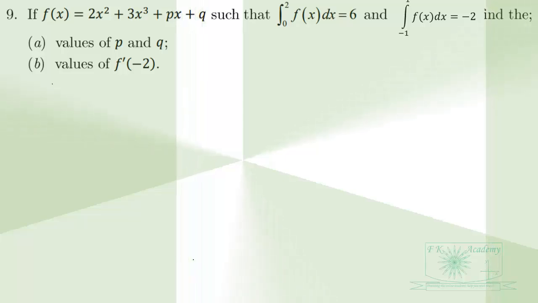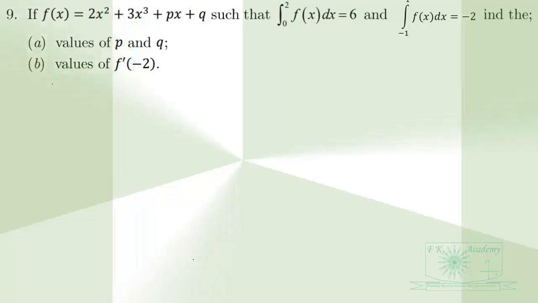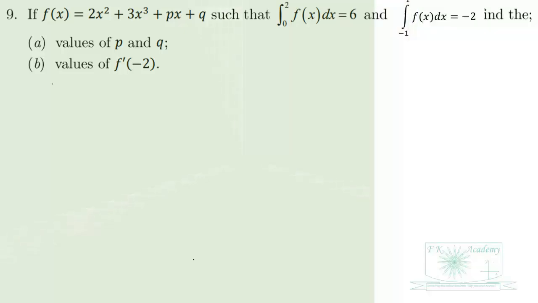If f of x equals 2x squared plus 3x cubed plus px plus q, such that the integral from 0 to 2 of f of x dx is equal to 6, and from negative 1 to 1 of f of x dx is negative 2, we are to find the values of p and q and the value of f prime of negative 2.